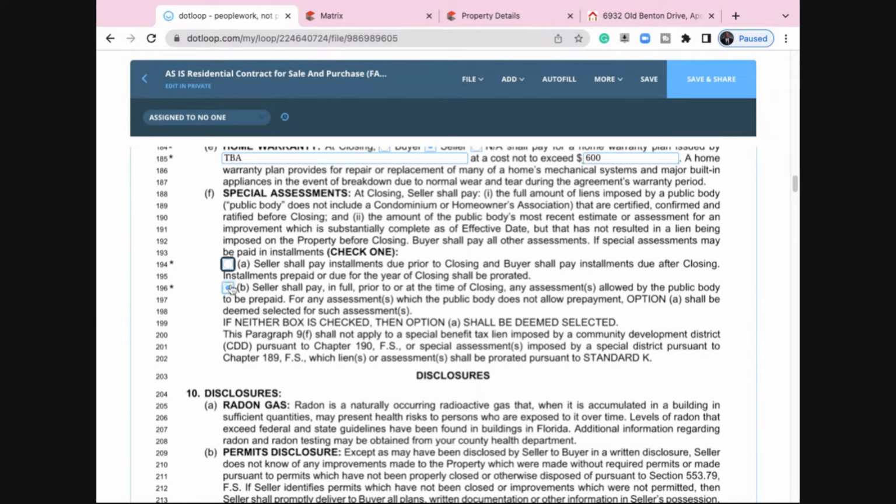And if you click here, what you're telling the bank is that they have to pay that amount before you close. If you click here, A, it says that, okay, while the seller owns the property, they're paying the special assessment. When the buyer buys the property, they shall pay. Okay, so that's the most common one, line 194.